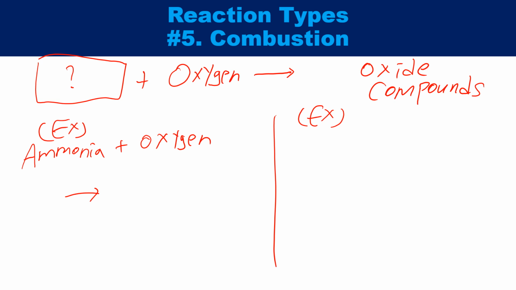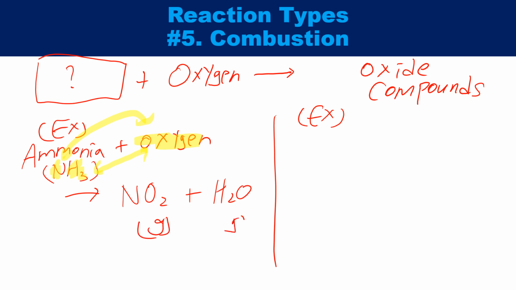Ammonia was one of the memorization list. Ammonia was NH3. So if you think about nitrogen and oxygen, they will make nitrogen dioxide, NO2. What about the other element? Well, we have hydrogen. Hydrogen and oxygen will make water vapor. So I have all of those gas products happening.